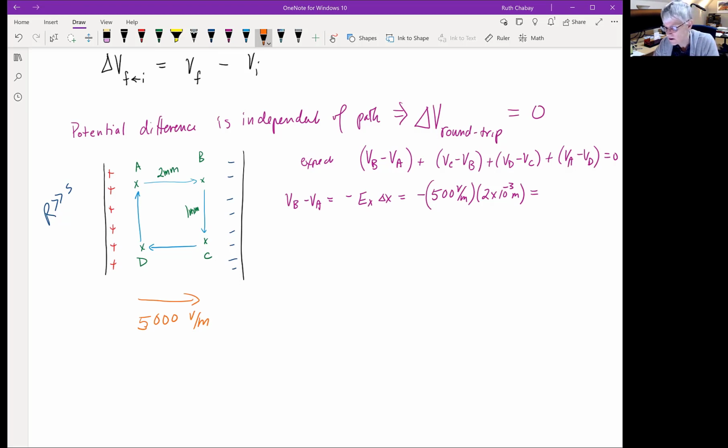So that gives us a negative 10 volts, right?